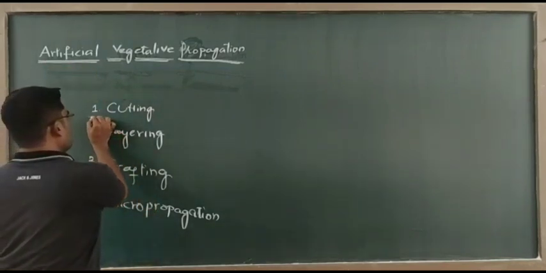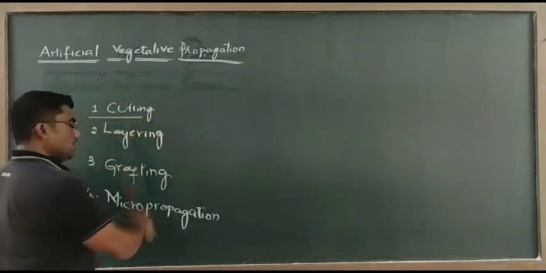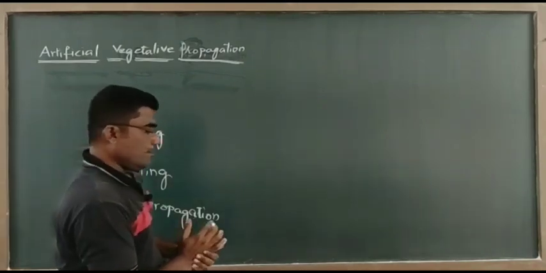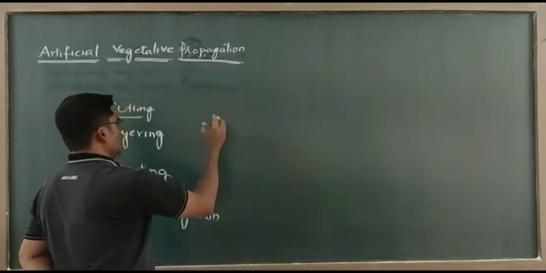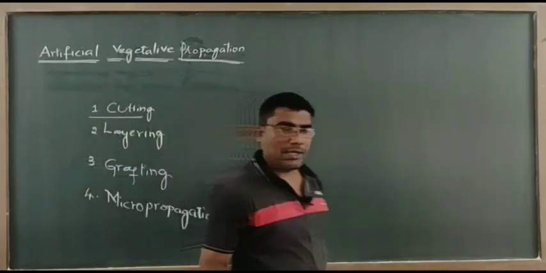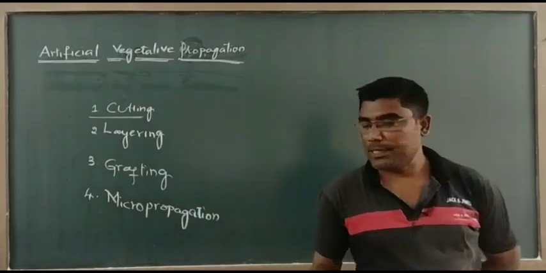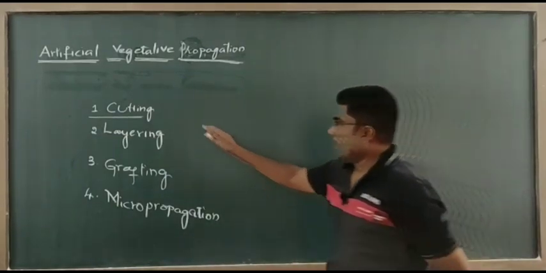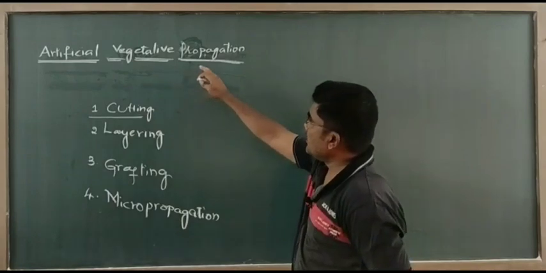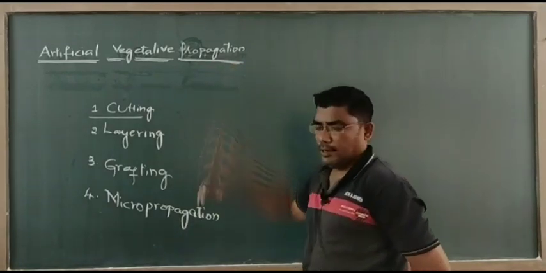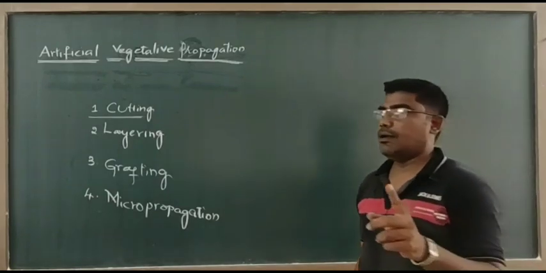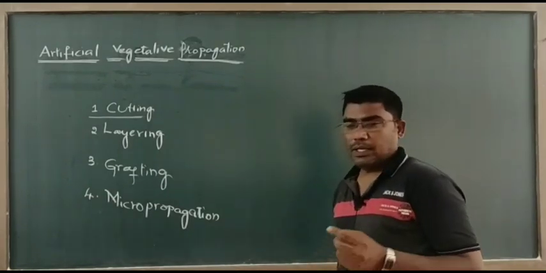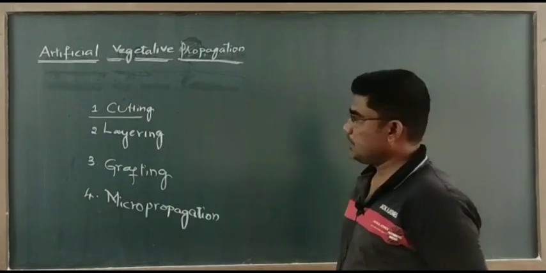First we discuss what is this cutting. See here, when we observe the plants, some of the plants have a high regeneration capacity. Cutting is artificial vegetative propagation where pieces of root, stem or leaves are used for vegetative propagation.